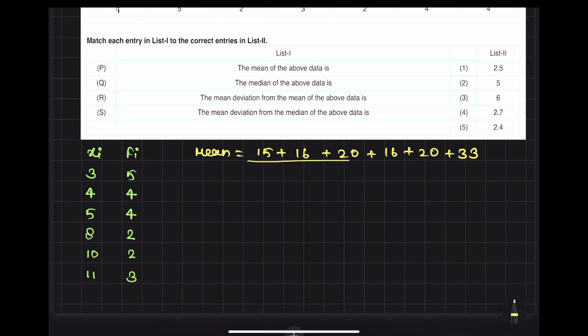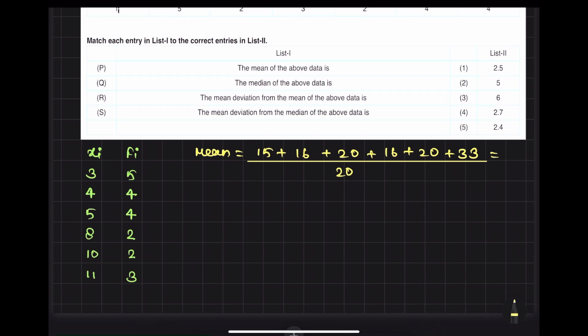So this is the sum of all the data fi xi, this multiplied by this, and we have added everything, divided by the number of terms. So it is 5, 5, 5, 10, and 10, 10 is 20. So there are 20 students. So we have 20.